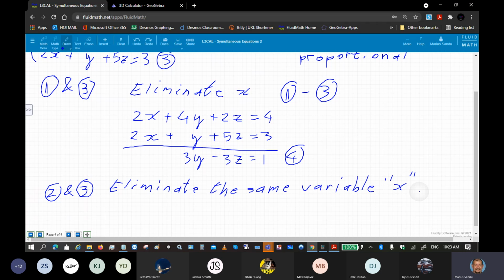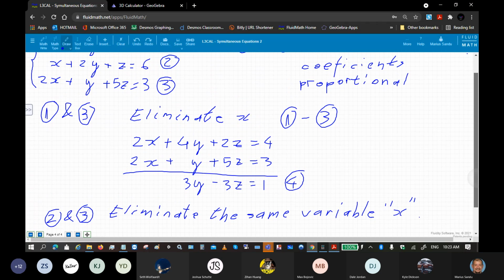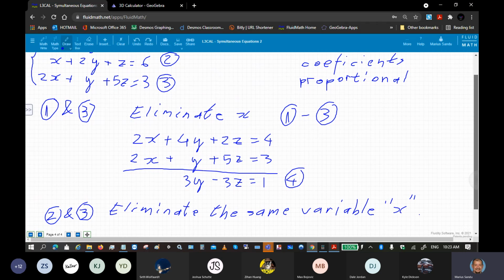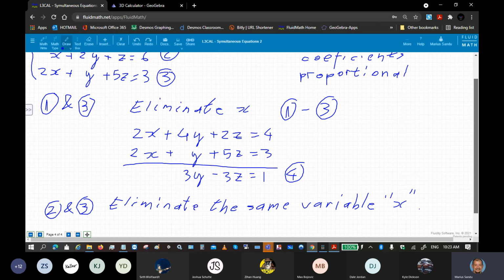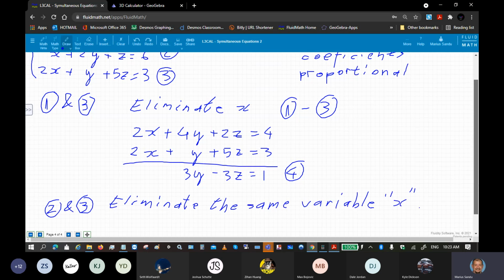The coefficient of x in number 2 is 1, and the coefficient of x in number 3 is 2. So I need to multiply equation 2 by 2.